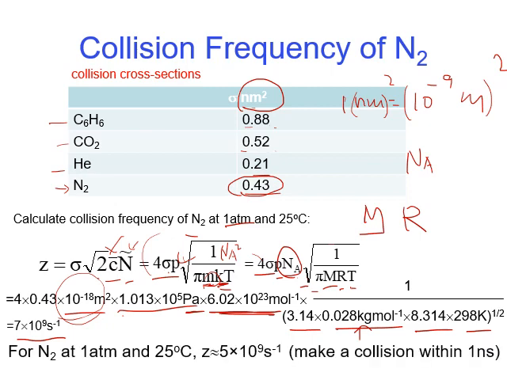So for nitrogen at 1 atmosphere, 25 Celsius, the collision frequency is 7 times 10 to the 9th. In other words, every nanosecond it will make a collision, because per second it makes 10 to the 9th collisions.